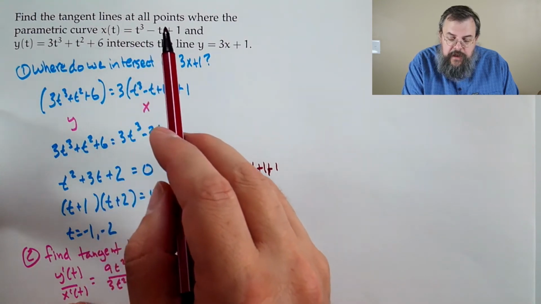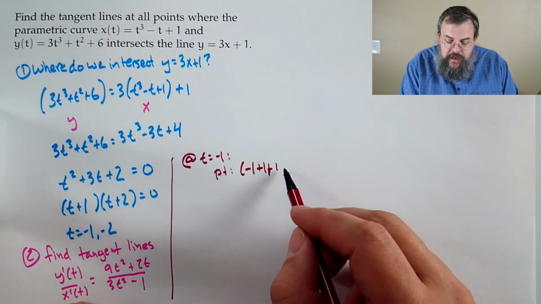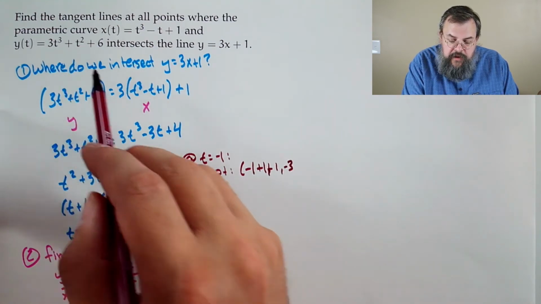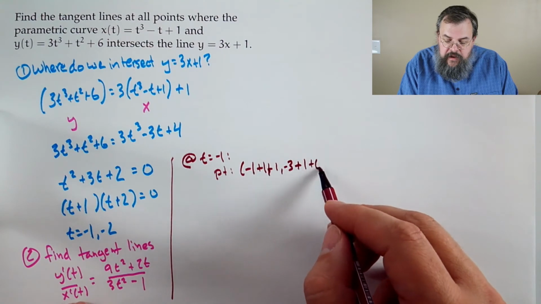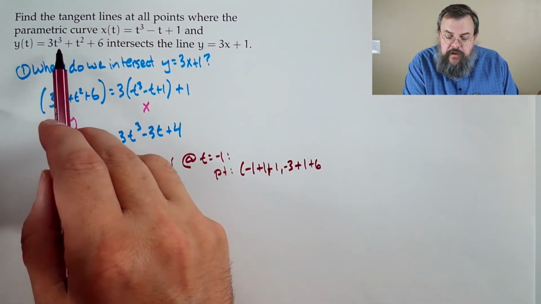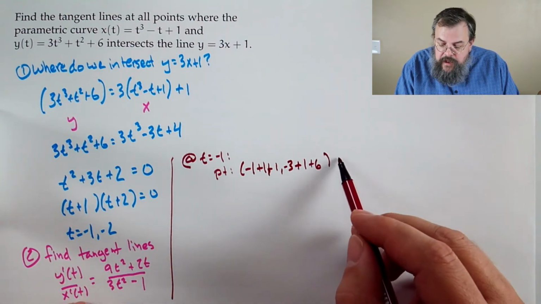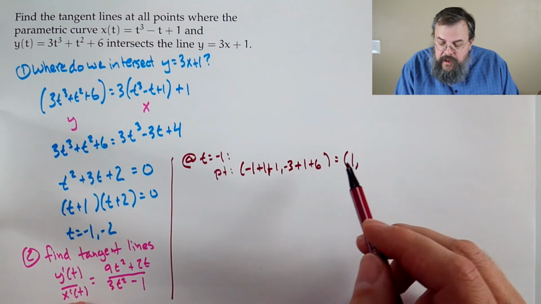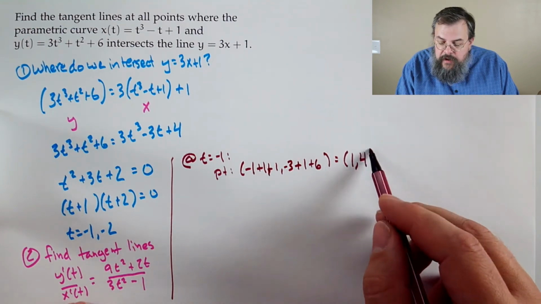So -1 plus 1 plus 1. Y would be -3 plus 1 plus 6, because minus -1 cubed is -1. So that gets us here. The x coordinate is 1, and the y coordinate is 7 minus 3, which is 4.